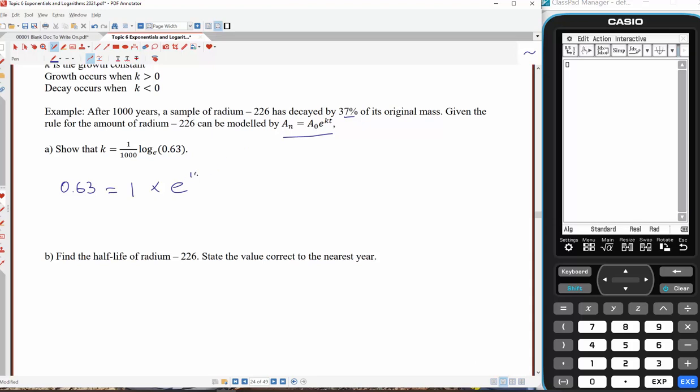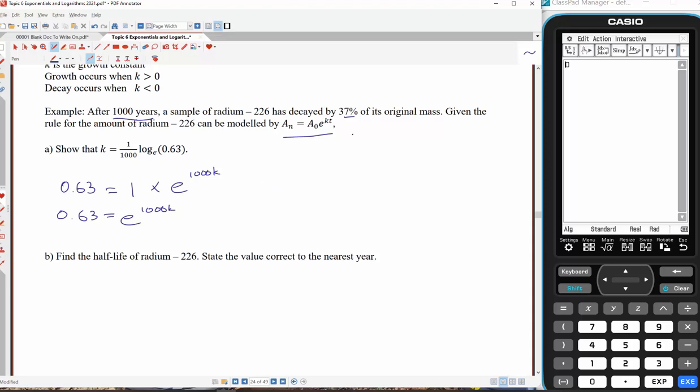So we're going to say 1,000k. Alright, now how did I get 1,000? Because that's the time after 1,000 years. So if we divide by 1, I'm left with 0.63 equals e to the 1,000k. Alright, how do we get the k value, or k by itself?